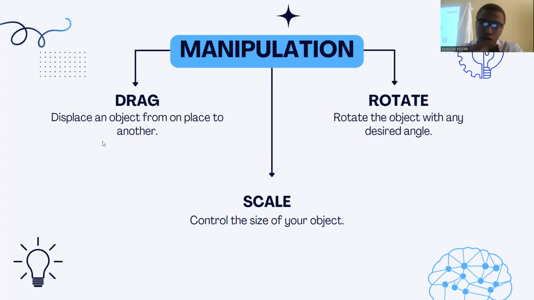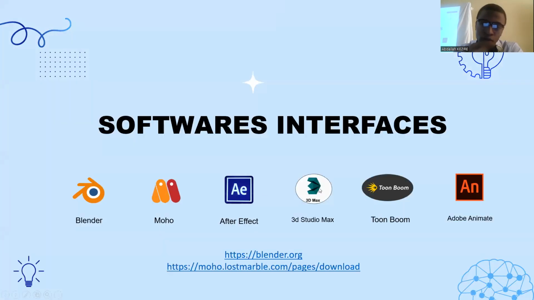Let's move on now. Here I have shown you a small list of software that will be very easy for you after this session. Each of them has its strengths and weaknesses, but all of them have the concepts, they include the subjects I'm going to talk about, the manipulation tools, the object, the images, and so on.